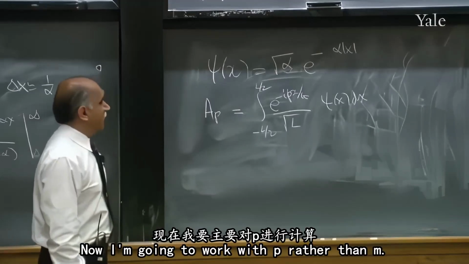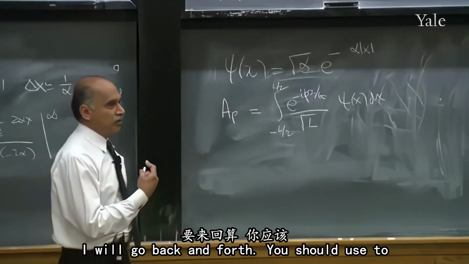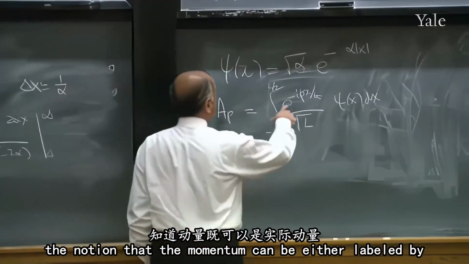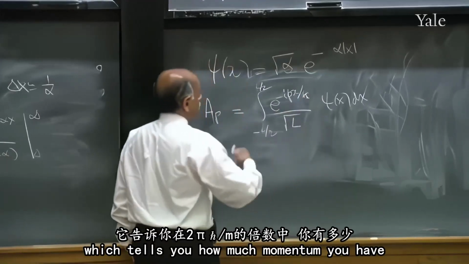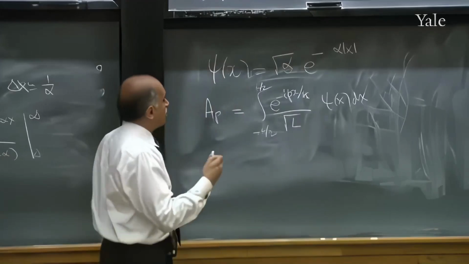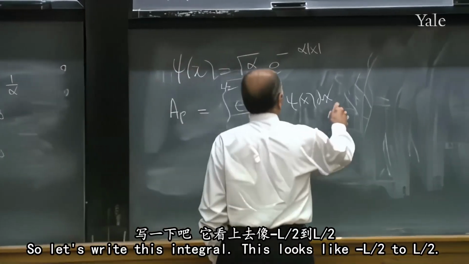Now I'm going to work with P rather than M. I will go back and forth. You should use the notion that the momentum can be either labeled by the actual momentum or the quantum number M, which tells you how much momentum you have in multiples of 2 pi h bar over L. So you got to do this integral.